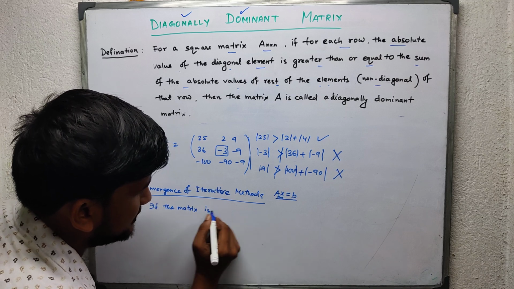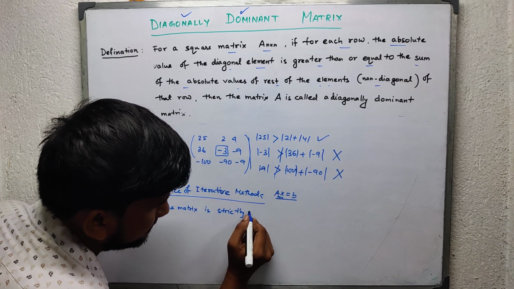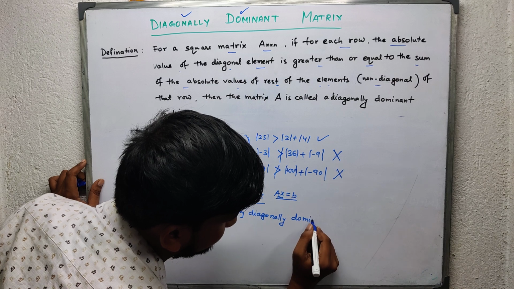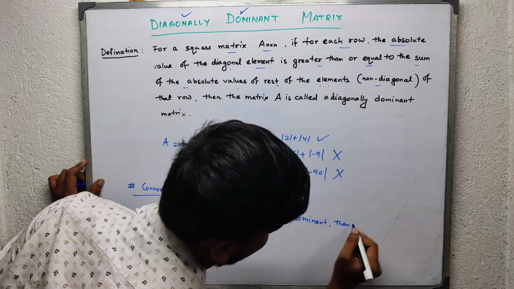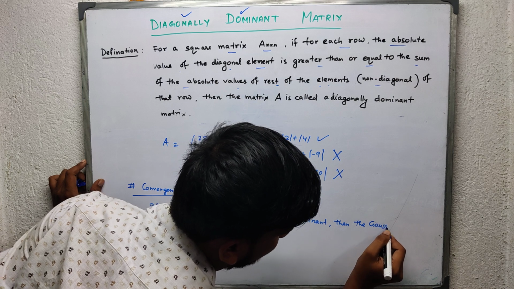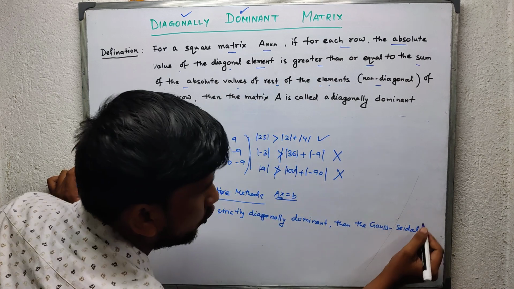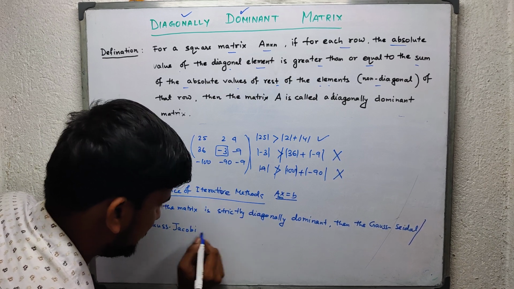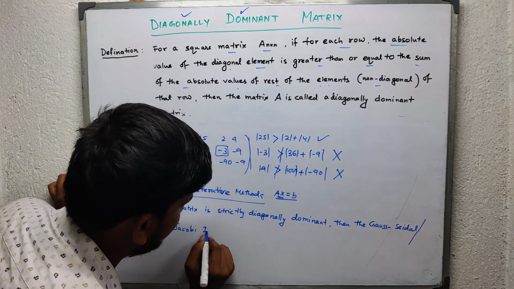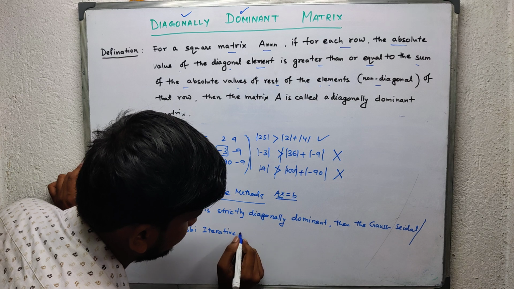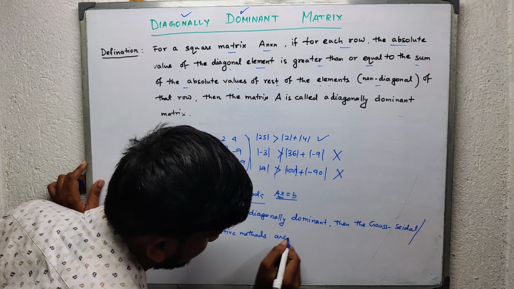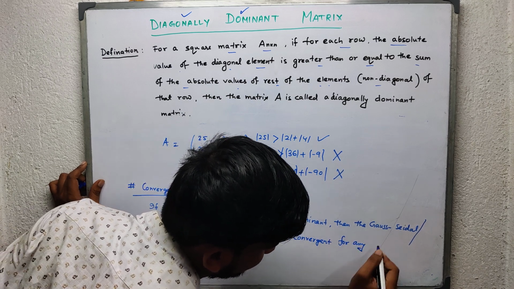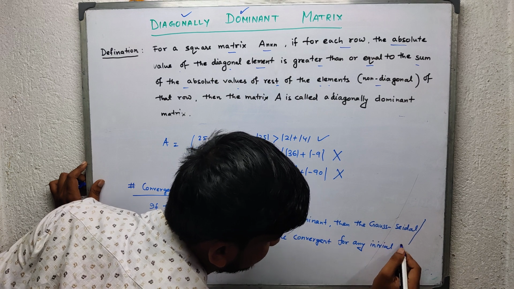If the matrix is strictly diagonally dominant, then the Gauss Seidel or Gauss Jacobi, or simply Jacobi, method (some books say only Jacobi method), these iterative methods are convergent for any initial vector.